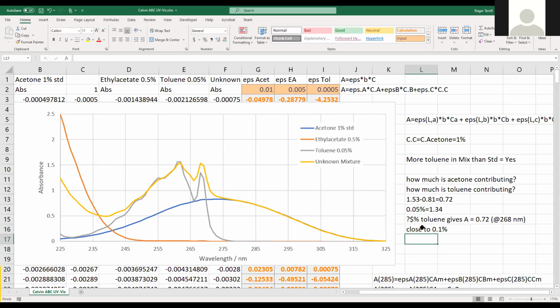Yeah, following along. The 0.1 I'm still kind of iffy on that part. Okay. So 0.05 is 1.34, and that's at that absorbance. Oh shoot, it's not 0.1, it's half of that, right? Yeah, 0.05.